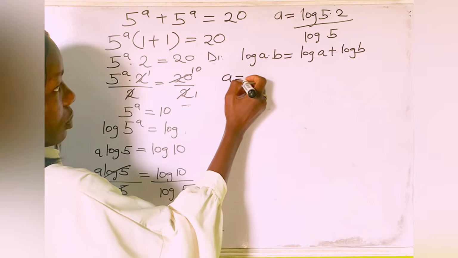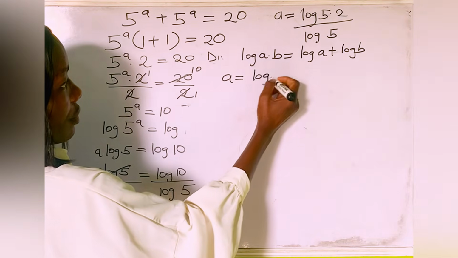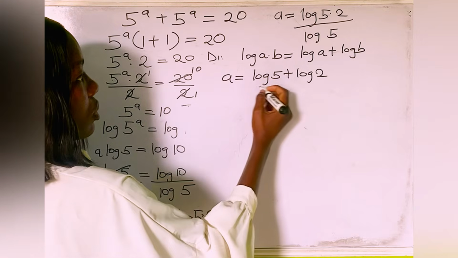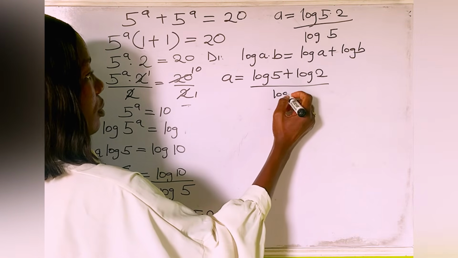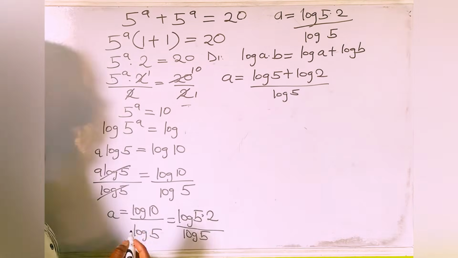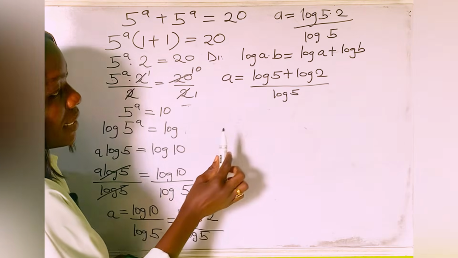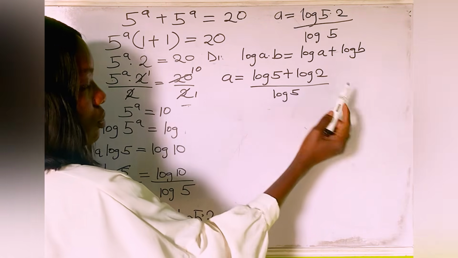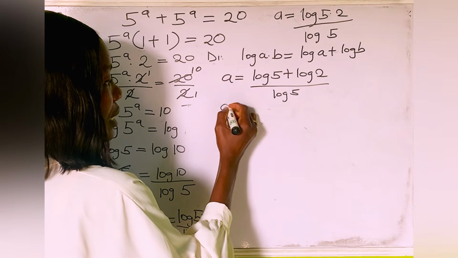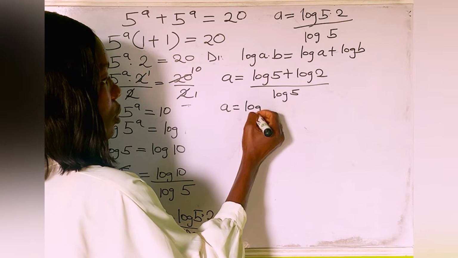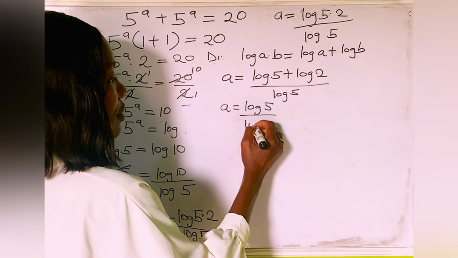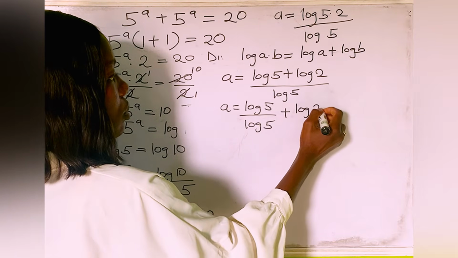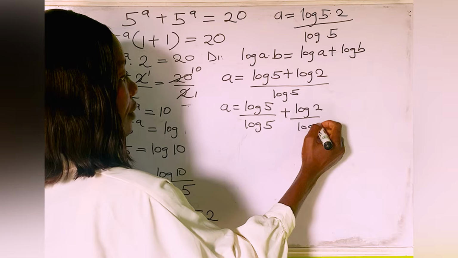We have a is equal to log 5 plus log 2 all over log 5. Now we can see that this log 5 divides across log 5 plus log 2. So you can independently say that a is equal to log 5 over log 5 plus log 2 over log 5.